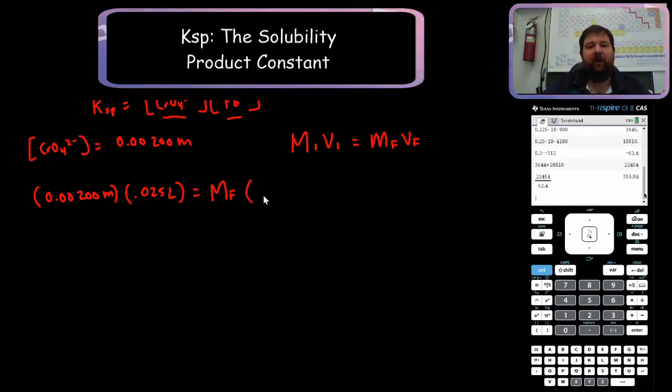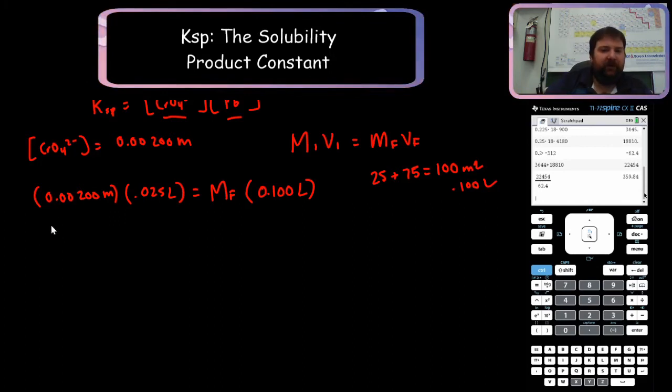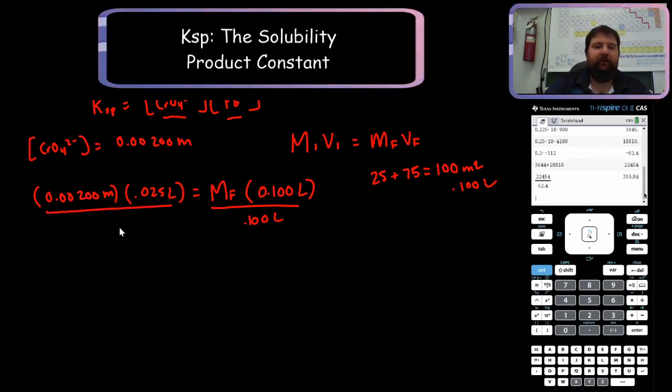Do I know the final volume? I sure do. When I mix my 25 milliliters with my 75 milliliters, 25 plus 75 is 100 milliliters, which is 0.1 liters. What do I do now? I divide out the volume, so these cancel out, and then I have my final concentration.